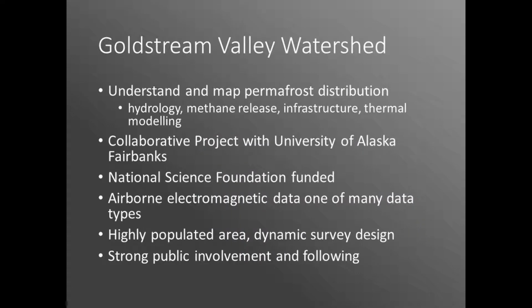A little context on how this project came about: it's a collaborative project with the University of Alaska Fairbanks, National Science Foundation funded, and the goal is understanding and mapping permafrost distribution in the valley, and why that's important in the project context. We'll go over a couple of those things.